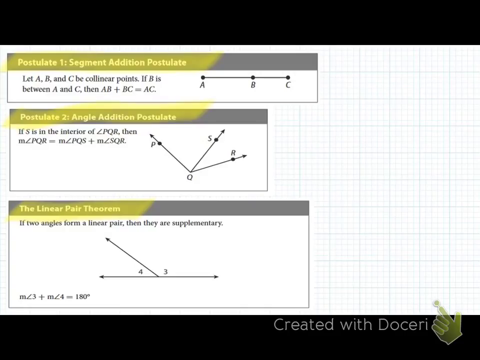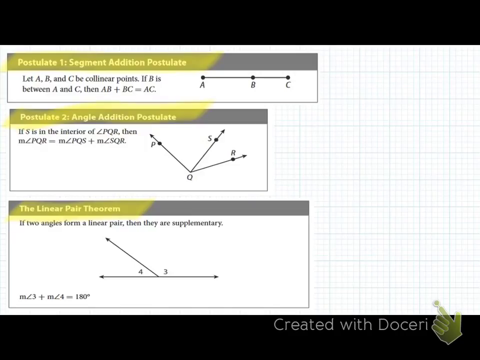Okay, so I heard some people struggling. It's when we take pieces of the segment and we add them together. So like we have AB. Let's say we take AB and then we add BC to it. Wouldn't you agree we have AC now? The total. Does that make sense?